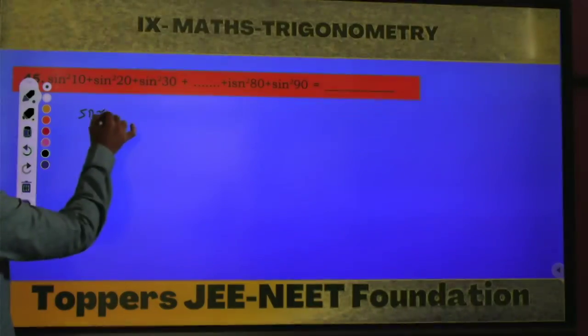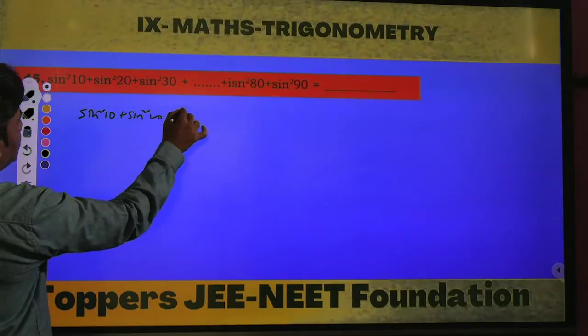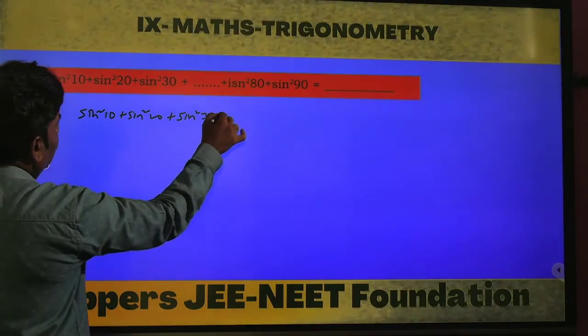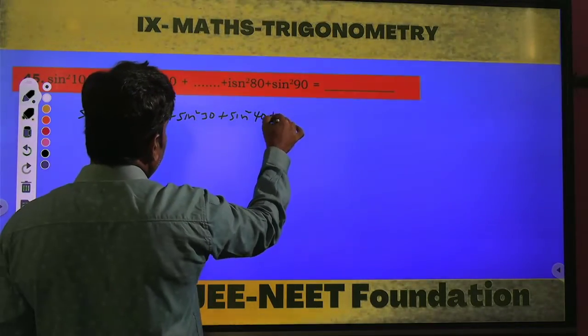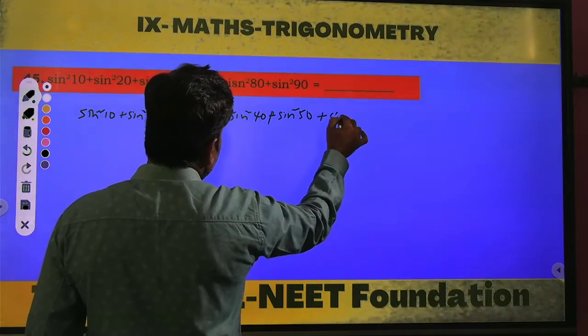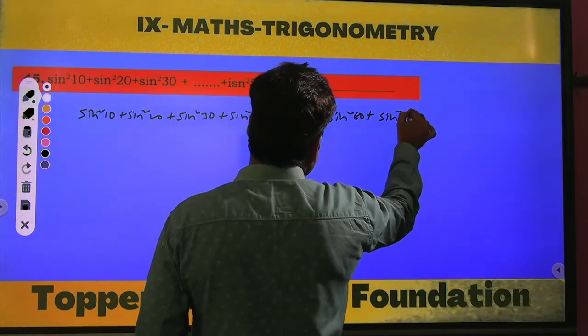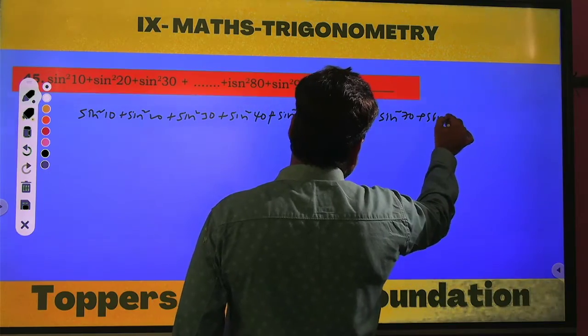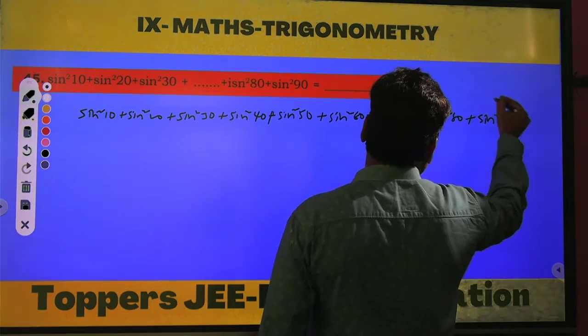That is sin square 10 plus sin square 20 plus sin square 30 plus sin square 40 plus sin square 50 plus sin square 60 plus sin square 70 plus sin square 80 plus sin square 90.